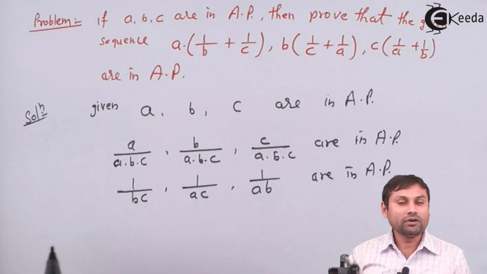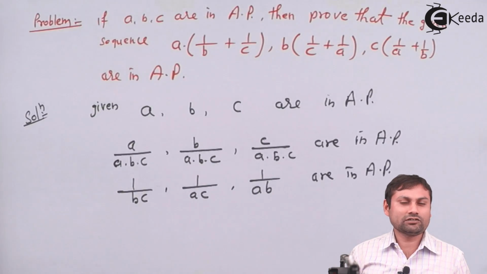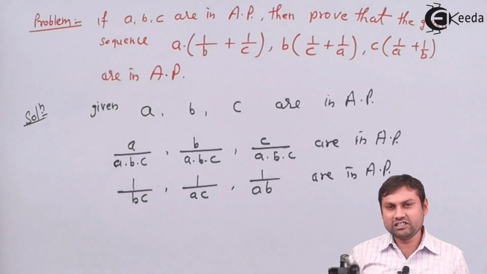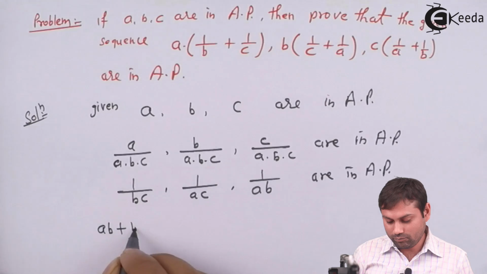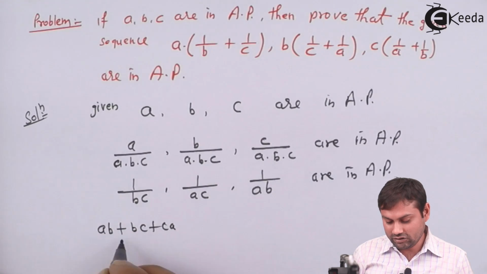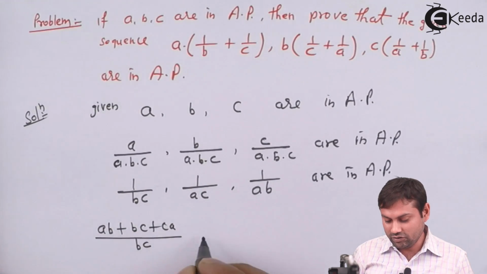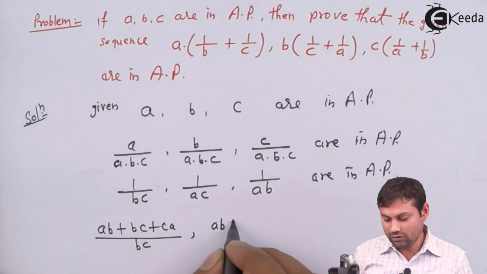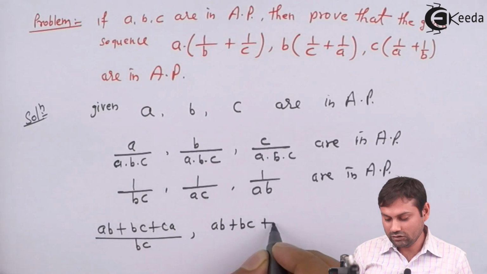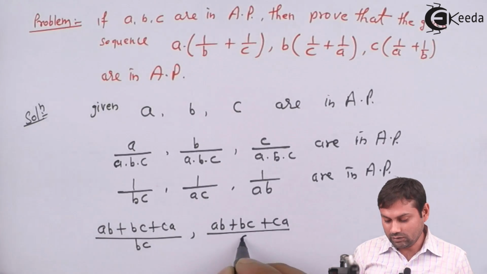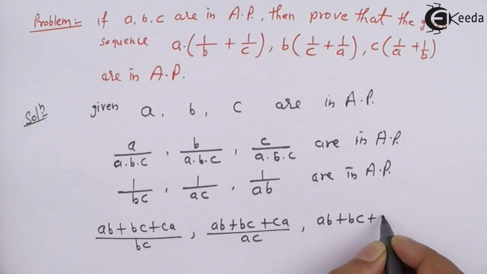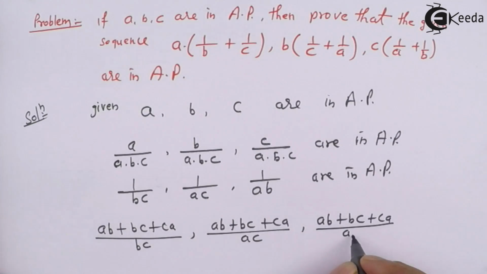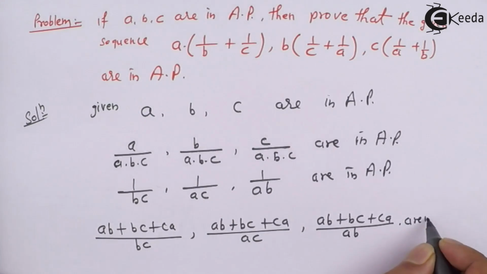So I am multiplying by a fixed constant number AB plus BC plus CA. So AB plus BC plus CA upon BC, comma AB plus BC plus CA upon AC, AB plus BC plus CA upon AB. These also are in AP.